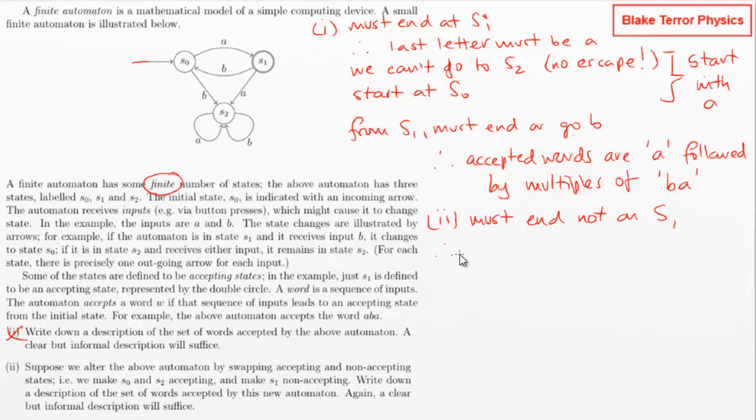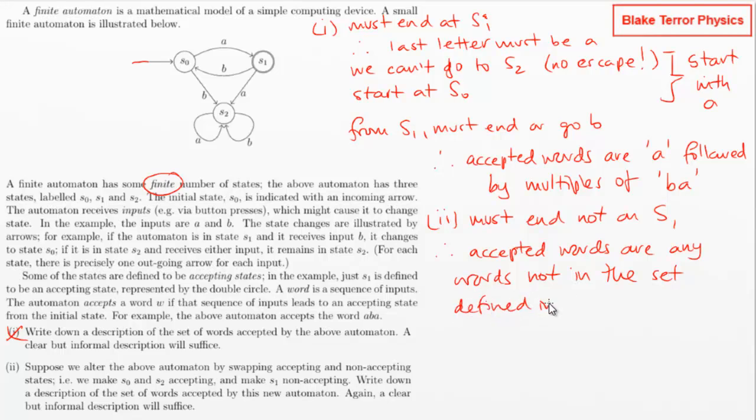So therefore, the accepted words are any words not in the set defined in part 1. Classic coding logic. You're either at S1 or you're not. Right, so that's part 2.